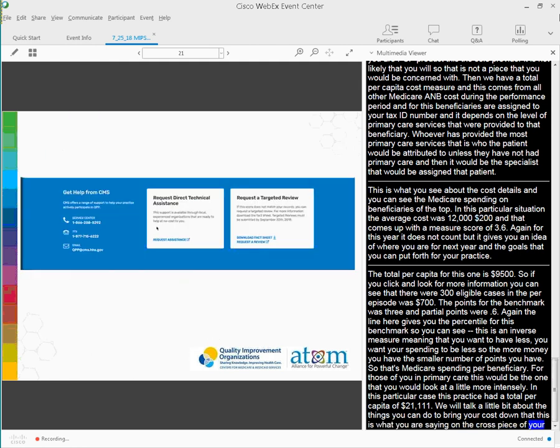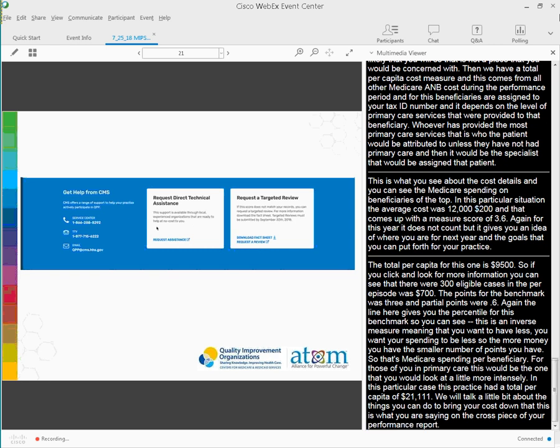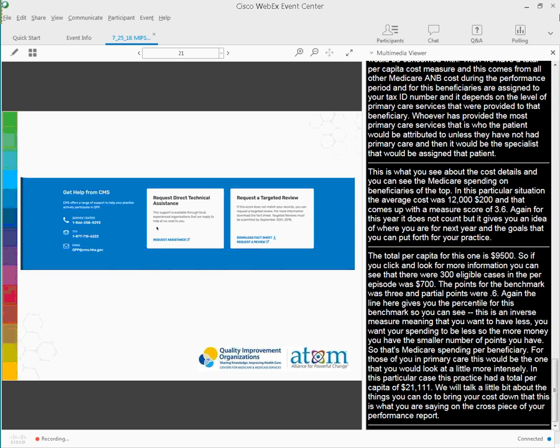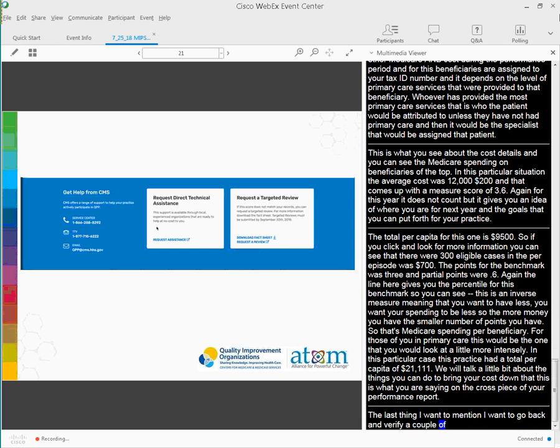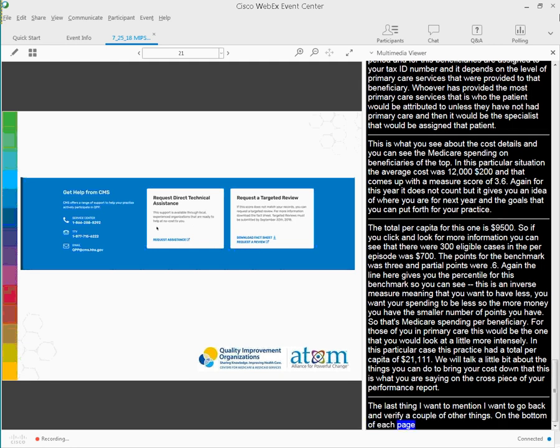And the last thing I want to mention, I do want to go back because there are a couple of other things that I passed up. So on the bottom of each page, it shows you where you can get direct technical assistance numbers and so on and so forth.